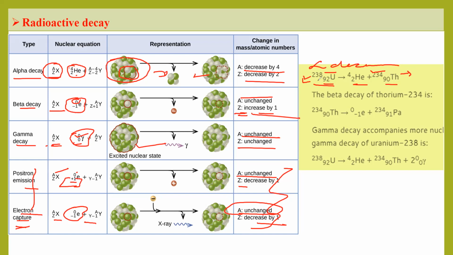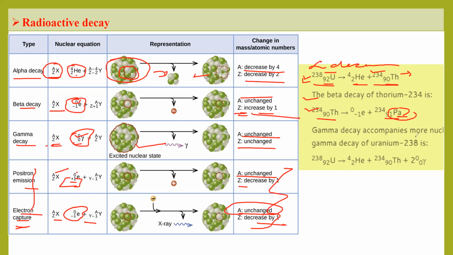So when uranium 238 undergoes alpha emission, it gives thorium 234. When thorium undergoes beta decay, there is an increment in proton number by 1, so it turns into Pa, and there is no change in mass number.